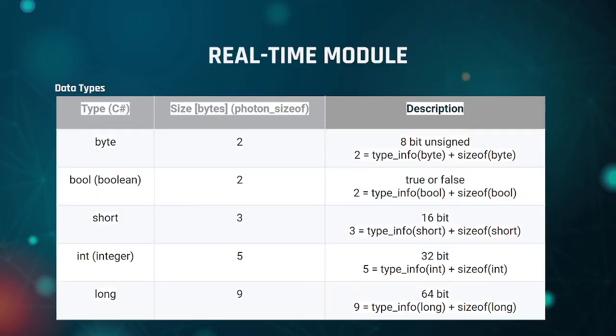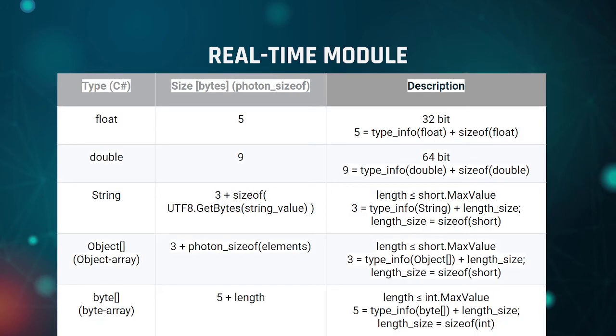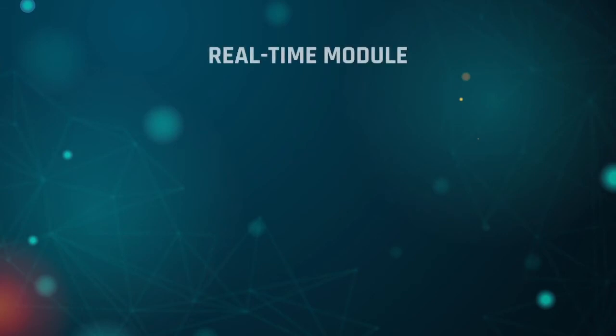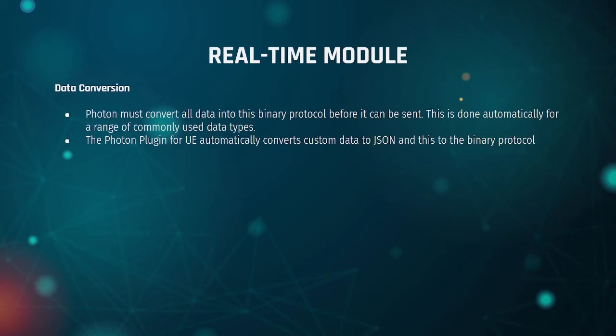There are different sizes depending on the types. These are the sizes for C#, but it's very similar to C++. I had to do a data conversion because Photon needs all the data you want to share to be converted to their own types.